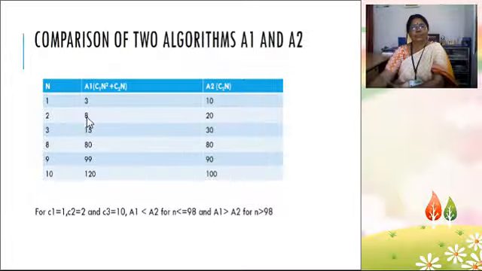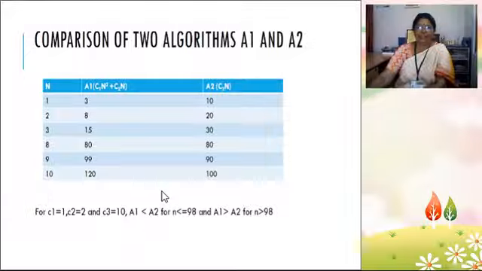So A1 is less than A2 for n less than or equal to 98. Once n is greater than 98, then A2 will perform better than A1. So the time complexity of A1 will be greater than A2 for n greater than 98.